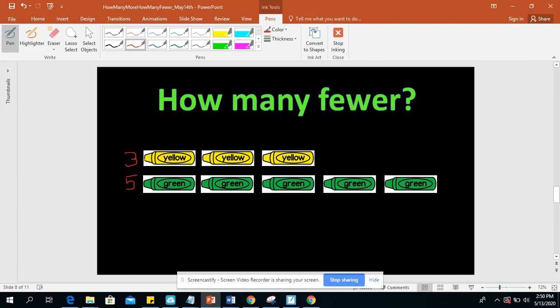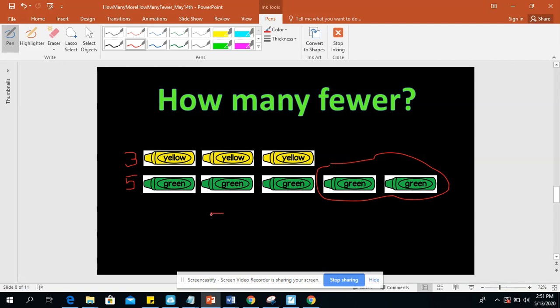Well, 3 is less than 5. That means there are fewer yellow crayons than green crayons. But how many fewer yellow crayons? Well, you'll see there are 2 extra green crayons. That means there are 2 fewer yellow crayons.